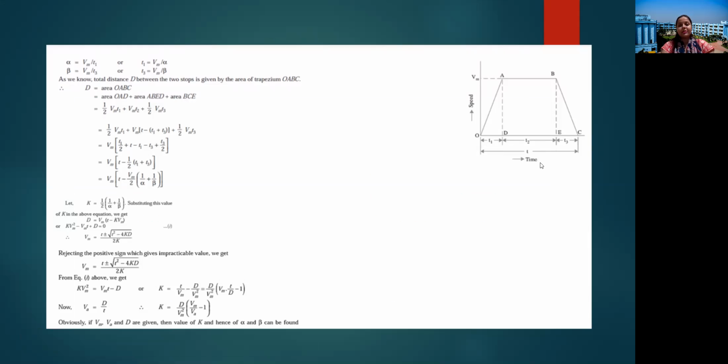In this trapezoidal speed time curve, 0 to A denotes the acceleration period. The time taken during acceleration is T1, and the maximum speed here is Vm.